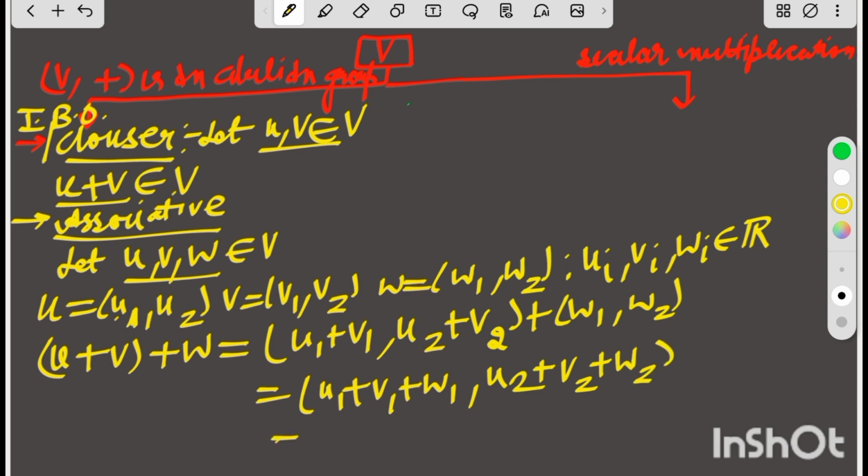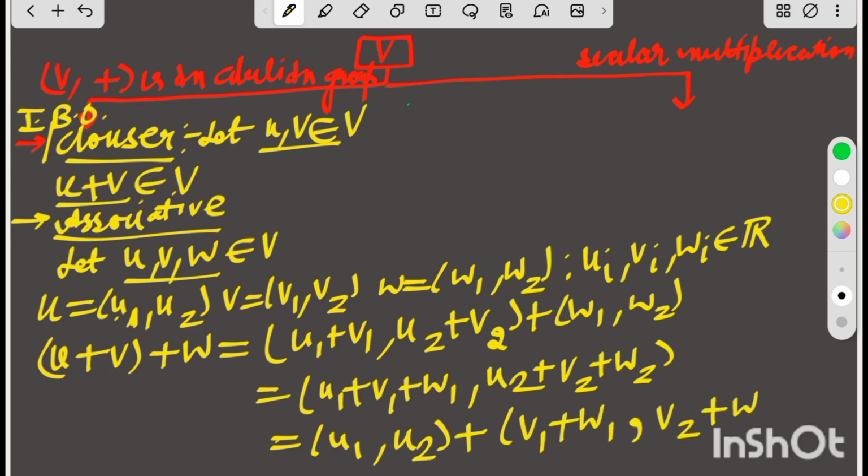This is also equal to (U1, U2) plus (V1 plus W1, V2 plus W2), as their sum is nothing but U1 plus V1 plus W1 and U2 plus V2 plus W2. And this is equal to U plus (V plus W). Therefore, the associative property is also satisfied.